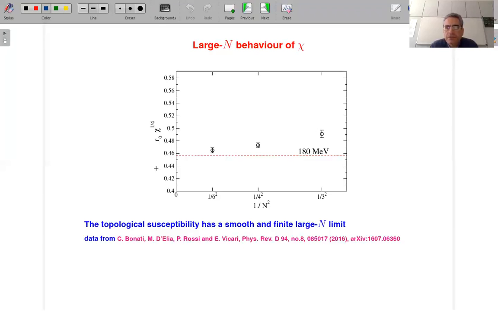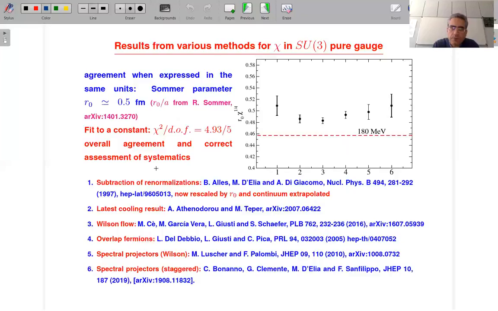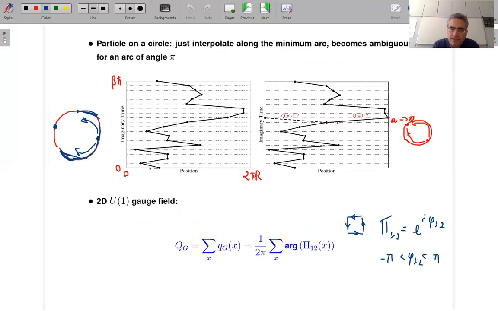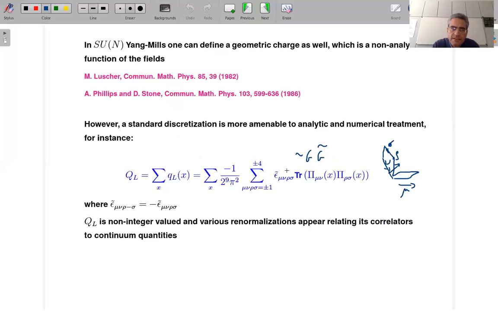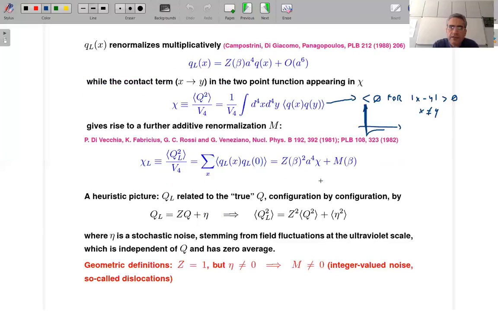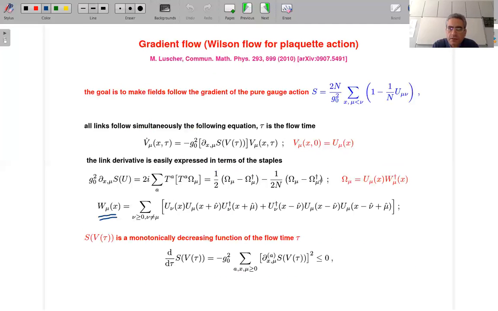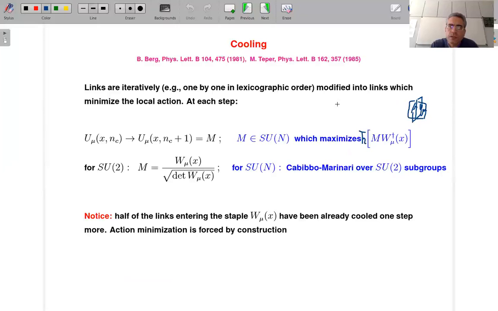While a gluonic definition can be simply extended, this operator that I brought in one of the first slides, these definitions of the topological charge, is actually written for any value of n, of the number of colors. So you can trivially extend this, and also everything regarding smoothing is already written for generic values of the number of colors.